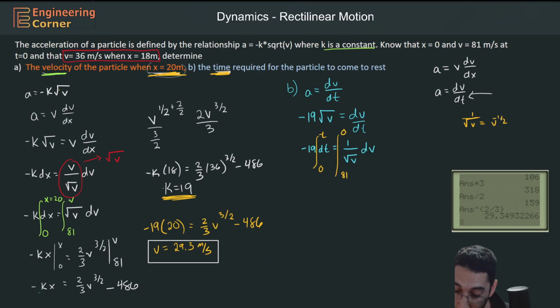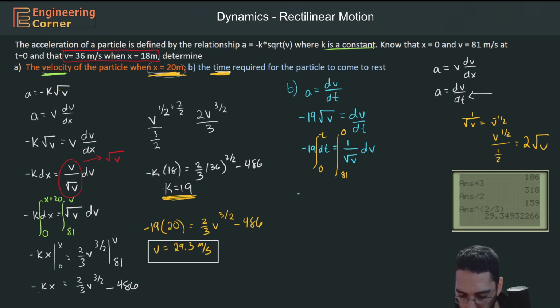Then if I add 1 to it and divide by that number, I'm going to have v to the 1/2 divided by 1/2, or this is equal to 2 times the square root of v. It's just a little bit of integrals.